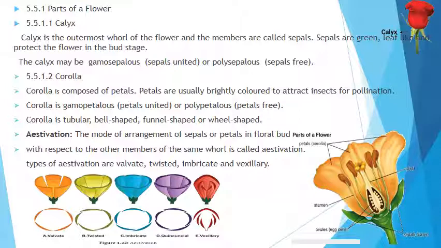The diagrams are shown: the orange one is valvate, the yellowish green one is twisted, the bluish one is imbricate, and the last one is vexillary type, and this other one, the indigo color, is tubular.